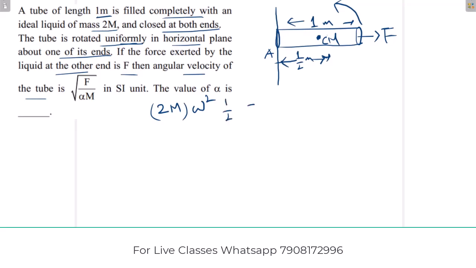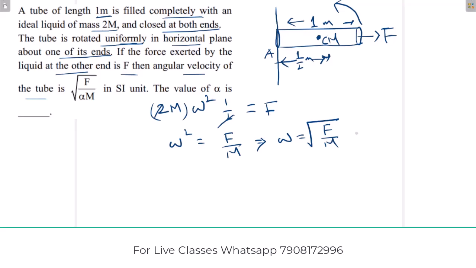So this is the force exerted by the liquid, F equals 2m omega square times half. The 2 cancels, so omega square is equal to F by m. So omega is equal to root over F by m.